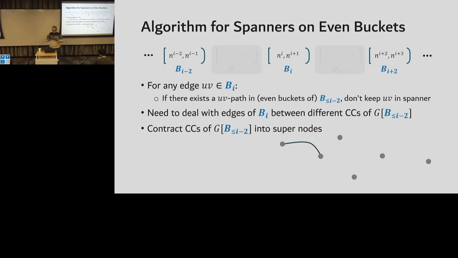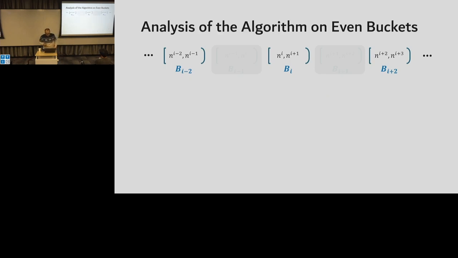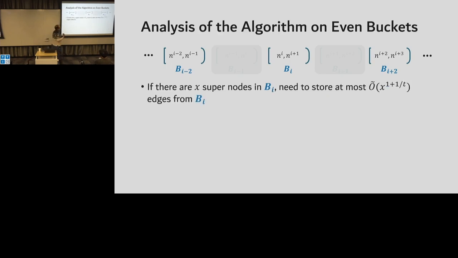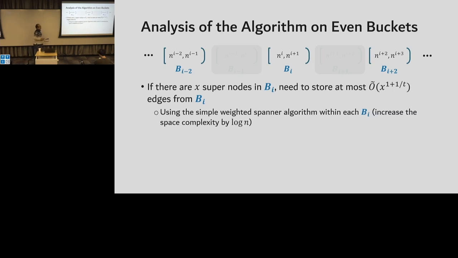So that's very high level. The main thing is that if there are k supernodes after contracting these connected components, then the amount of space that we need for the spanner is O tilde of k to the 1 plus 1 over t. That's the amount of edges that we need to store from each bucket B_i.